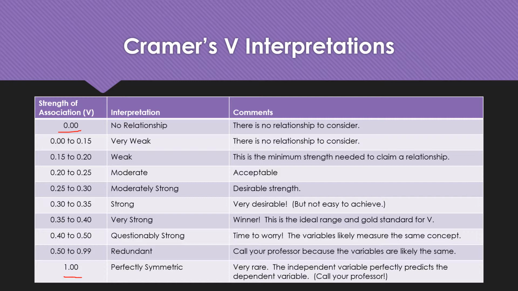When the value of V is closer to 0, there is less strength associated between the variables. So in the first two tests, the V value was 0.149. This indicates there is no relationship between the variables.